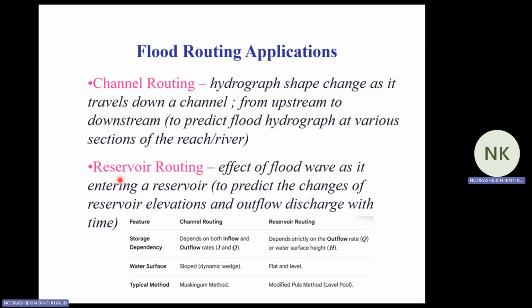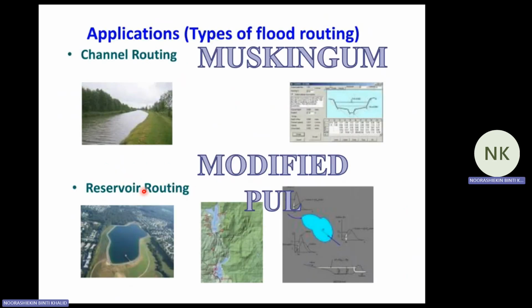For reservoir routing, you can imagine a dam, a reservoir or a lake. It considers the effects of the flood wave as it enters a reservoir, to predict changes of reservoir elevation. It is focused on elevation and outflow discharge, and for reservoirs we use the modified pool and Goodrich method.